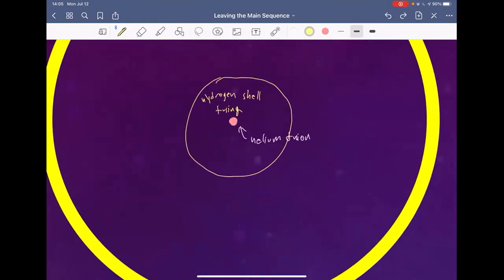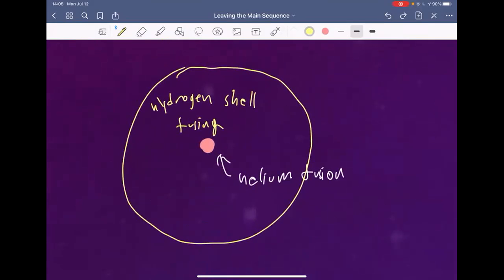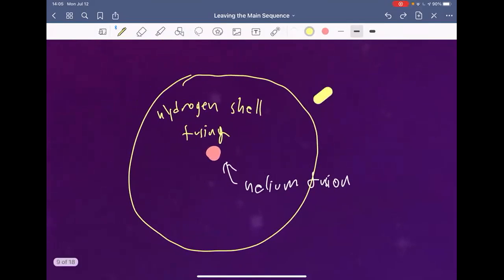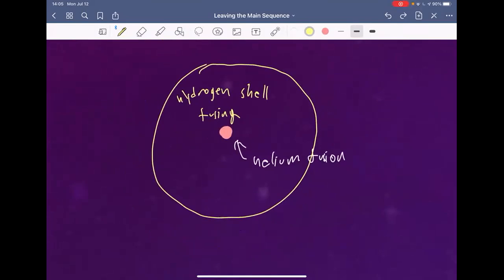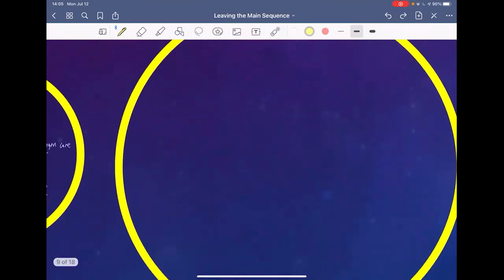As this becomes hotter and hotter, as this hydrogen shell starts to fuse more and more, it also deposits more helium for the core to use. So our helium core also gets bigger.